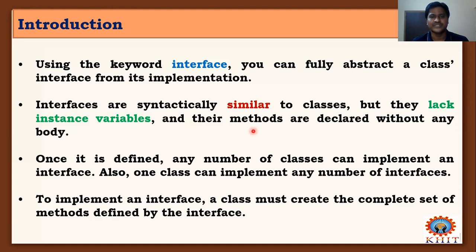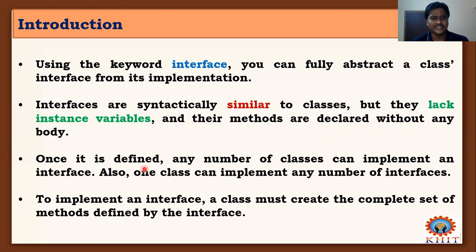Another difference is that methods are declared without any body in the interface. Generally in classes, we can define methods with some implementation, a body specifying the set of instructions to perform the method operation. But in an interface, the methods are defined without a body, as we did in abstract classes.